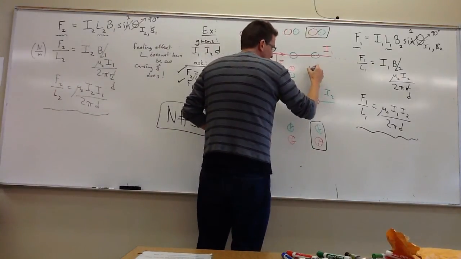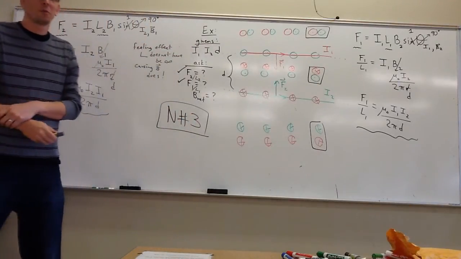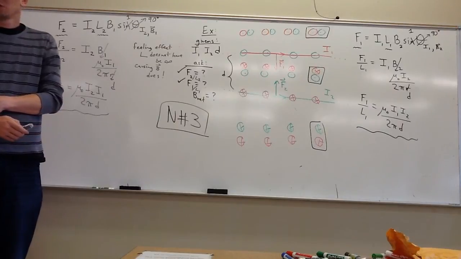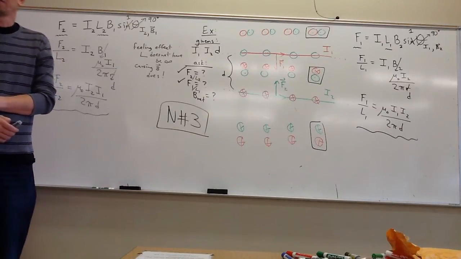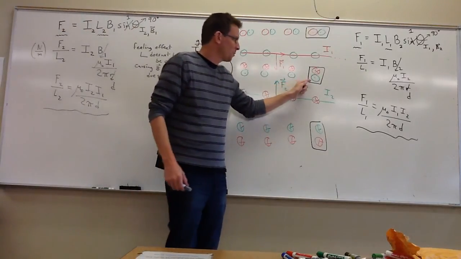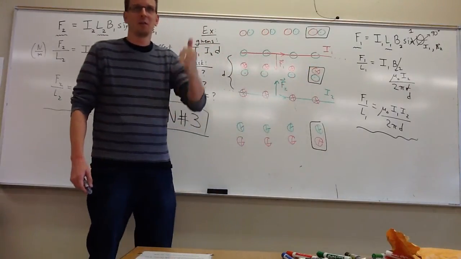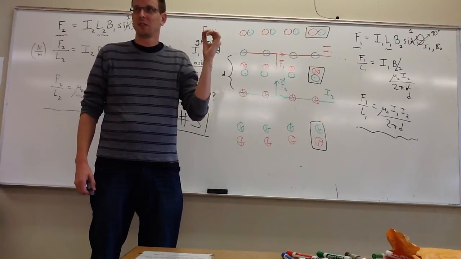So things get more interesting when we're between the wires, right? So there, it of course depends on which one's bigger, right? If the one that's out of the page is bigger, then B net will be out of the page. If the one that's into the page is bigger, then it'll be B net into the page. It could even also be 0, right? If they cancel exactly.